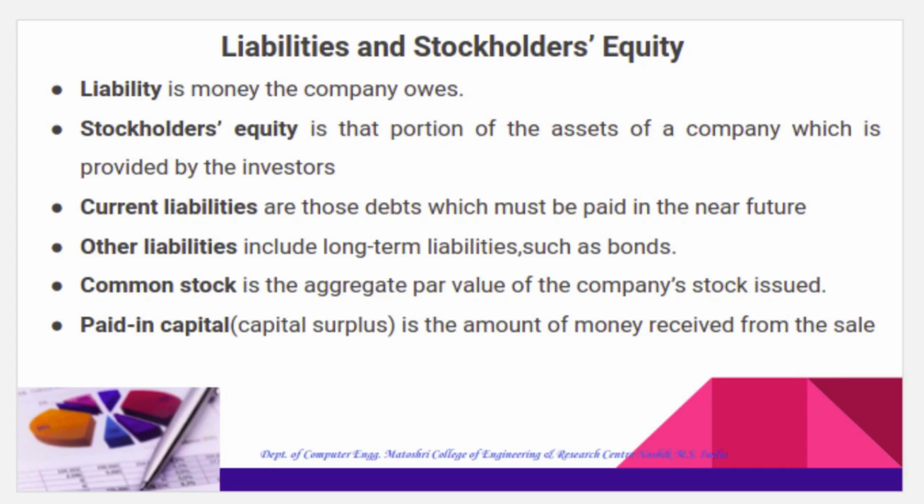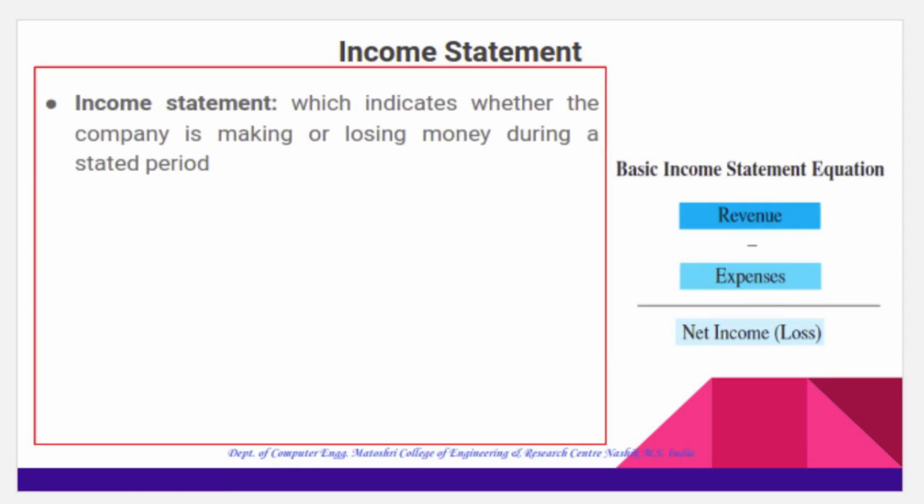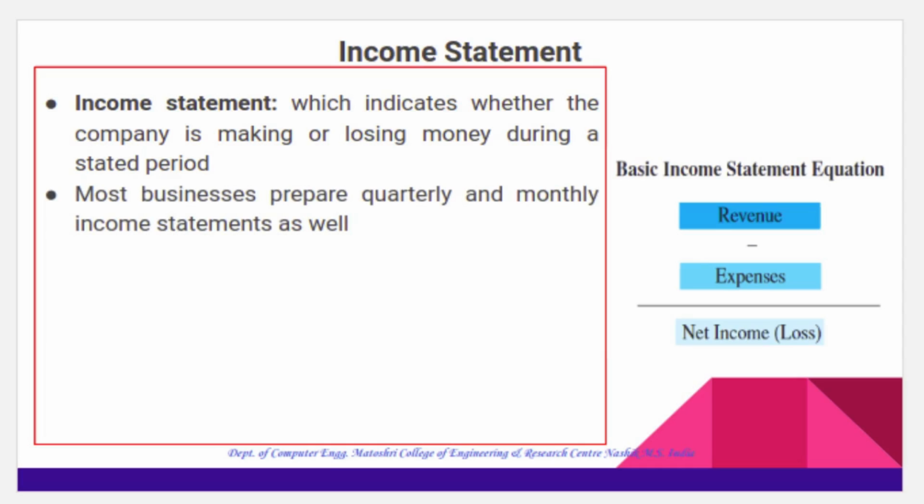Next, we will discuss the second financial report, and that is the income statement. The income statement indicates whether the company is making or losing money during a stated period. Most businesses prepare quarterly and monthly income statements as well.